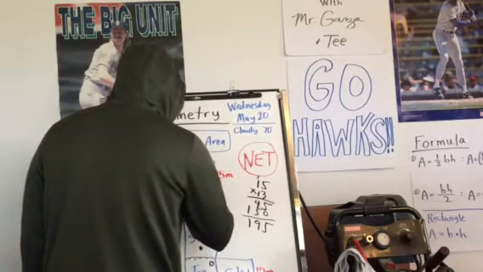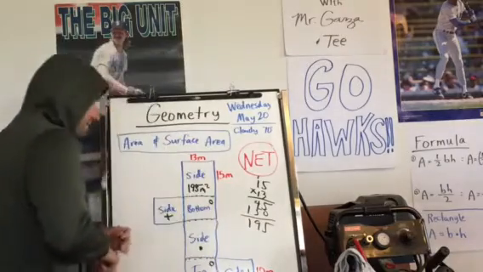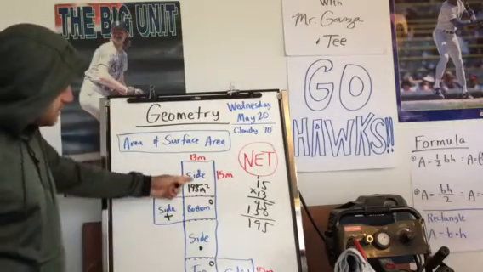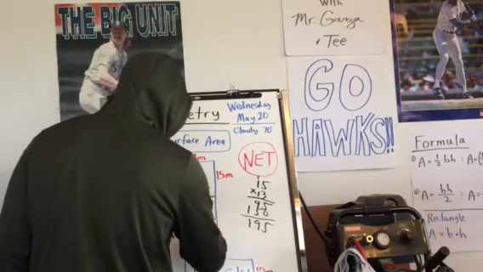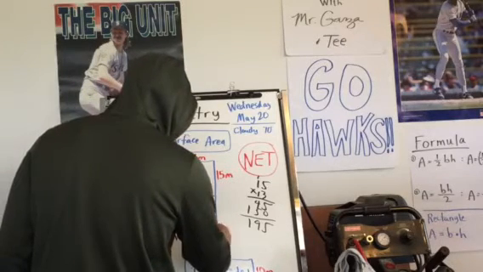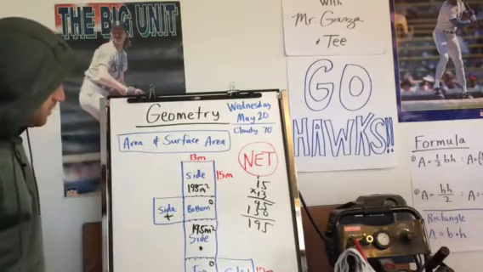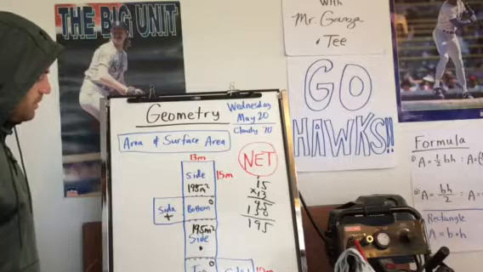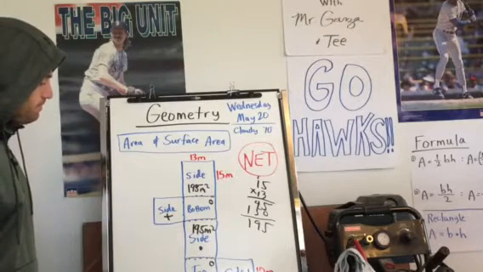So this area here would be 195 meters squared. Because we said this side and this side are the same, I don't need to measure this side. I know that this is also going to be 195 meters squared.